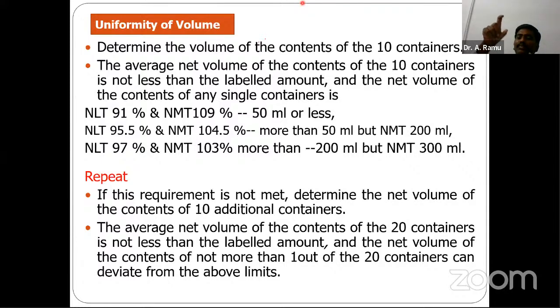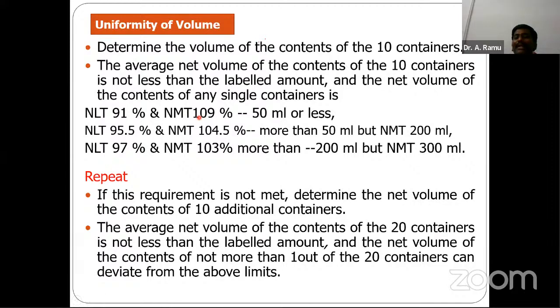The average volume should be the same as the labeled volume, and the net volume of contents of any single container should not deviate by plus or minus 9%, 4.5% or 3%, depending upon the volume of the preparation. If the volume of the preparation is less than 50 ml, the acceptable percentage deviation is plus or minus 9%.